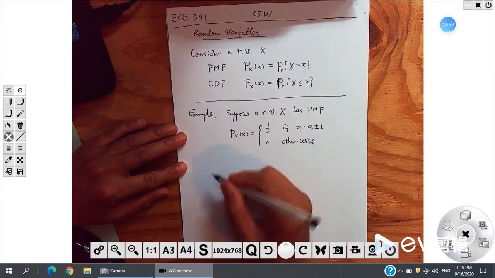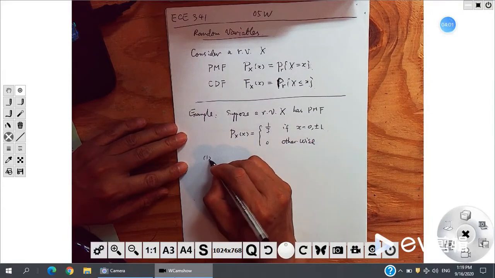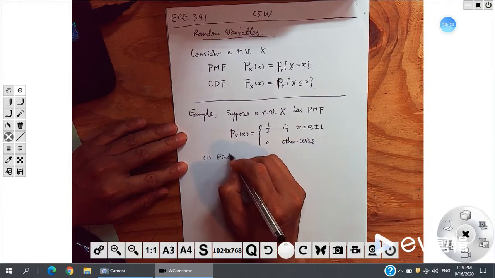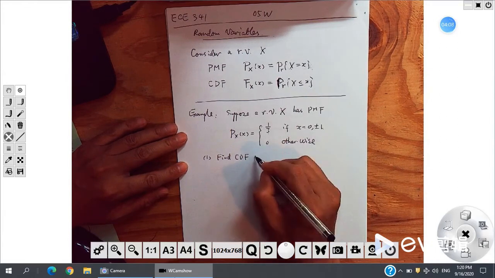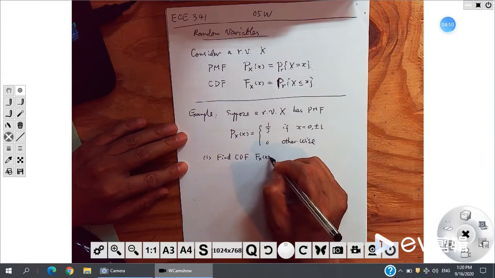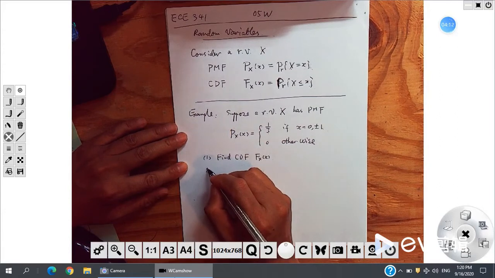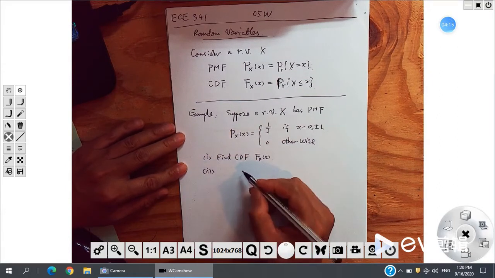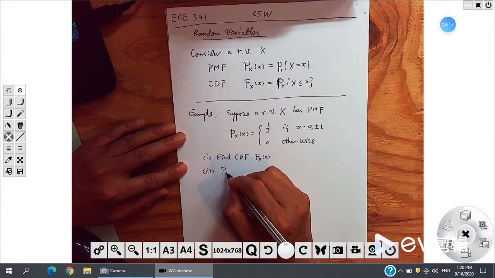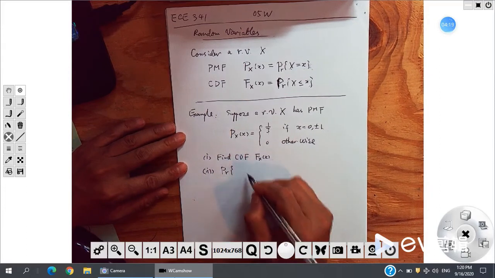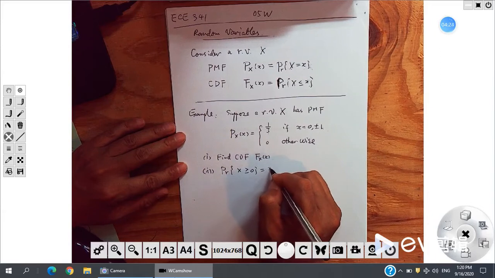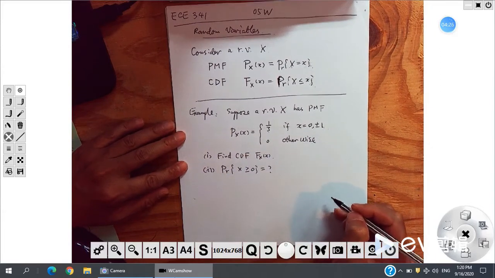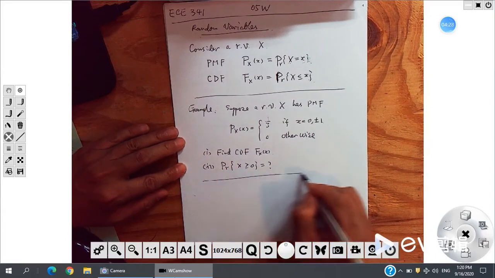Now we can consider the first question: I want to find the CDF. Second, I want to find the probability of X larger than or equal to 0.